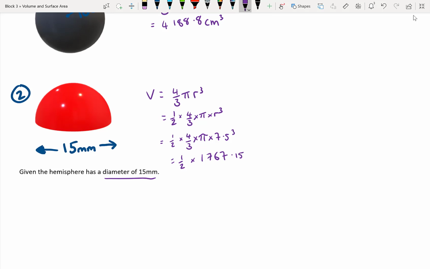So when we half that, we get a volume of 883.57 cubic millimeters.